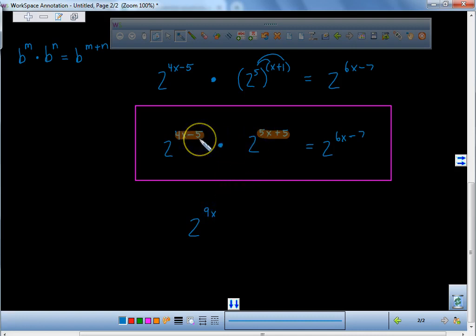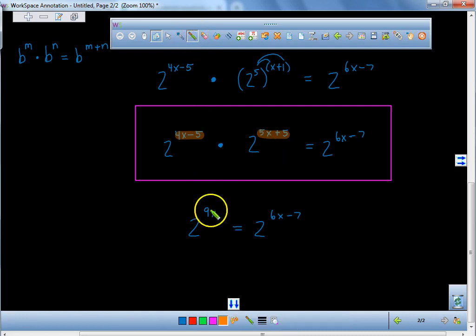Ooh, this is nice. Look at this. What does that say? Negative 5. What does that say? Those just cancel out. Oh my goodness. We're almost done. All right. So what did I do? I used what's called the product property, added those together to get this. So now what can we set? Finally, what can we set equal to each other? Equals what? 6x minus 7.